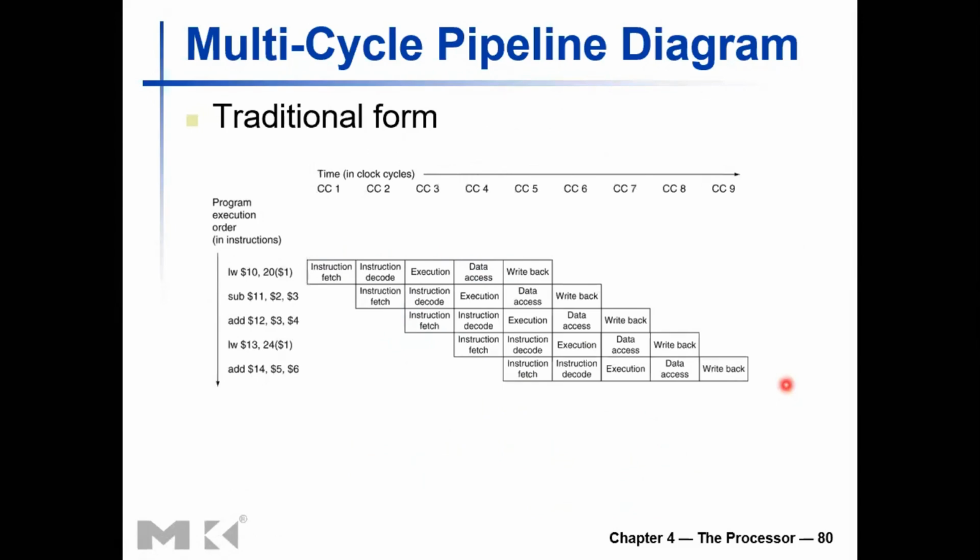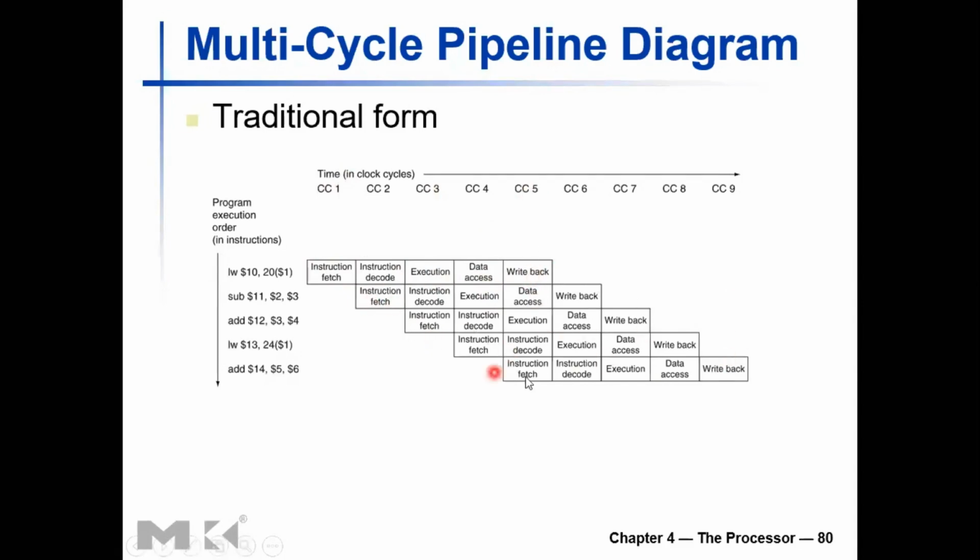So this is the traditional form of a multi clock cycle pipeline diagram, which we have used earlier as well when we learned about the pipeline concept. There, you don't really show the resource usage. You just say what happens at each stage, only the operation, not what resources are used. So clock cycle 1, fetch, clock cycle 2, decode, 3, execution, 4, data access or memory access, and 5, write back.